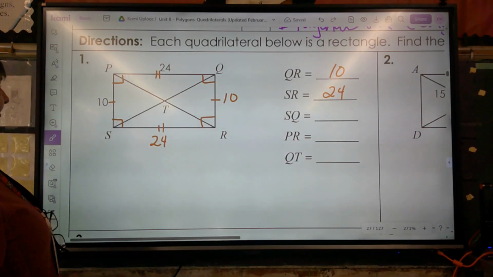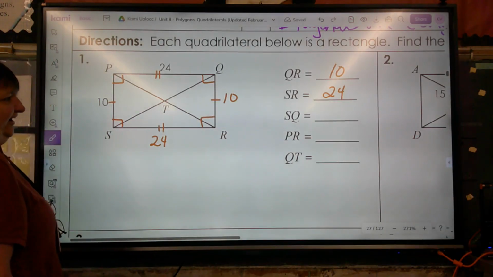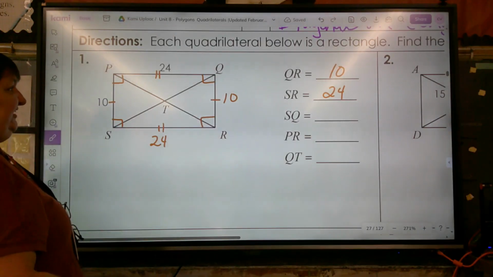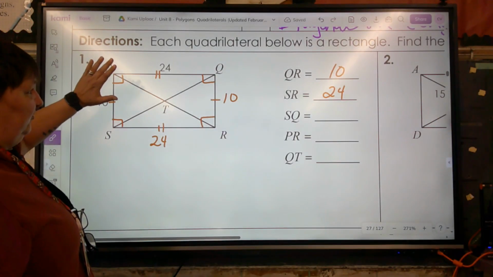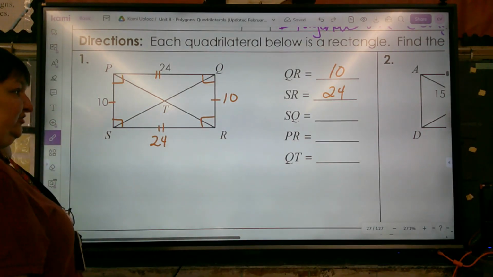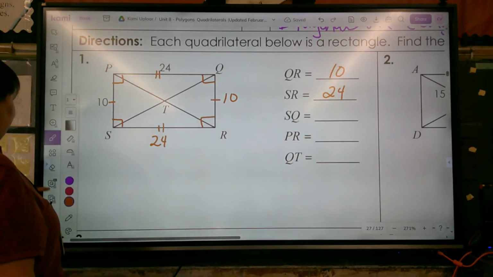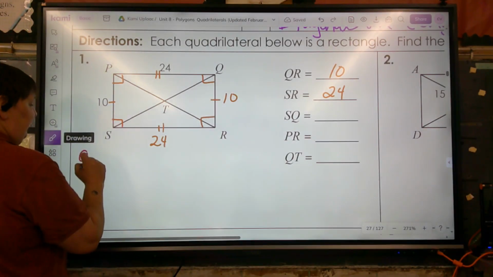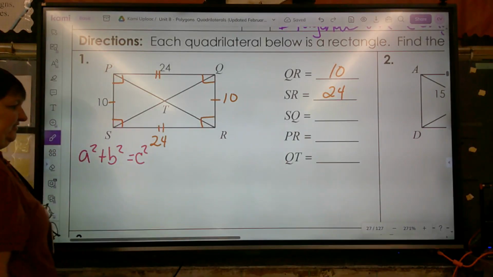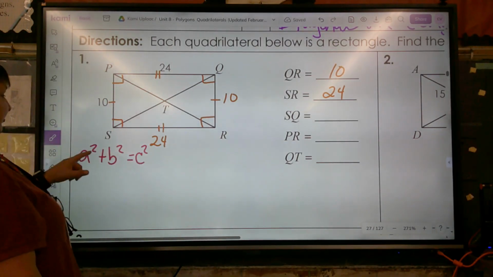All right, P to R, again, it's going across, and Q to T is half of that because it bisects. So we need to figure out what the hypotenuse is, right? And to do that, we do a squared plus b squared equals c squared. This is Pythagoras' theorem. So we're going to apply this theorem.